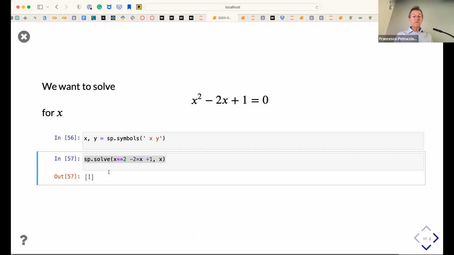The trick is that you need to write the equation in a form that has the expression equals 0 on the right hand side. In sp.solve, you add the expression on the left and indicate for which variable you want to solve after the comma. So sp.solve x squared minus 2x plus 1 comma x, and bang, the result is there.